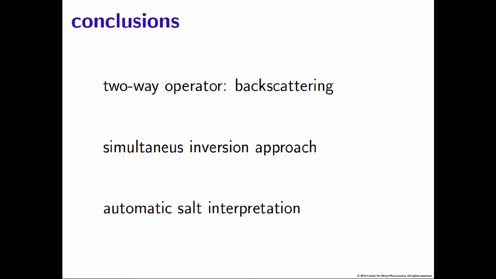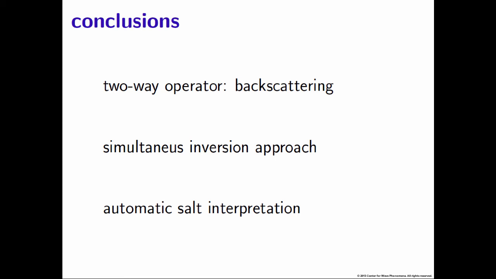This is similar to one-way tomography. And if we move the backscattering to zero lag, we would ensure that the sediment model is correct and the top of salt event is also correct.